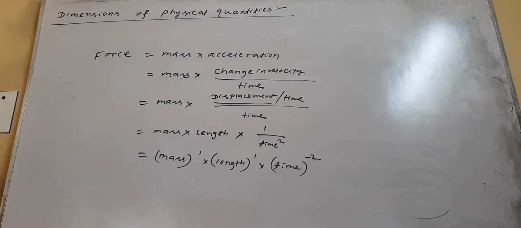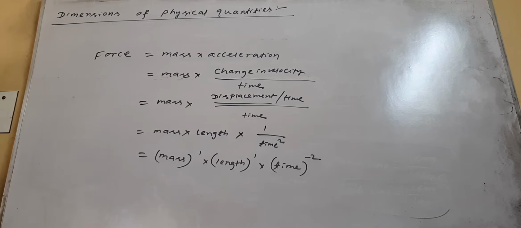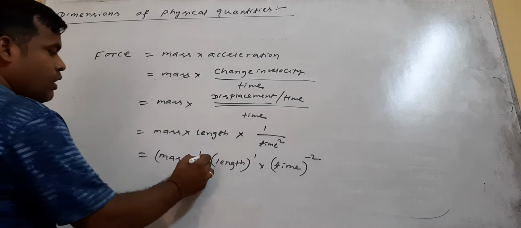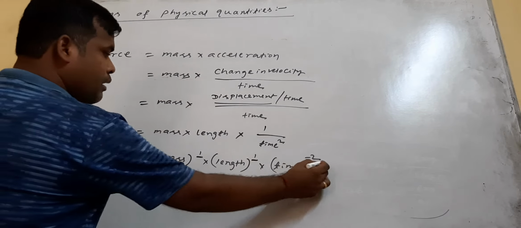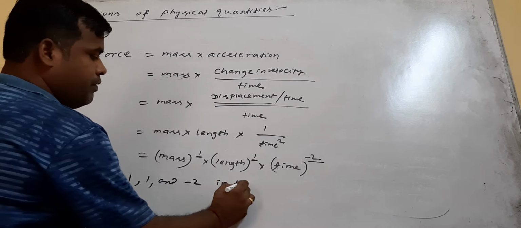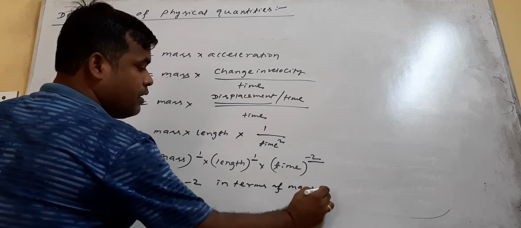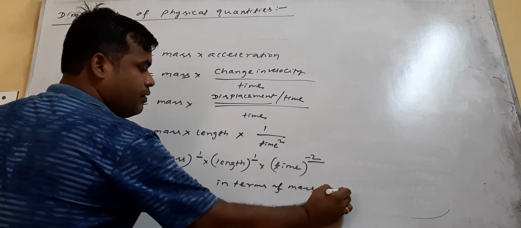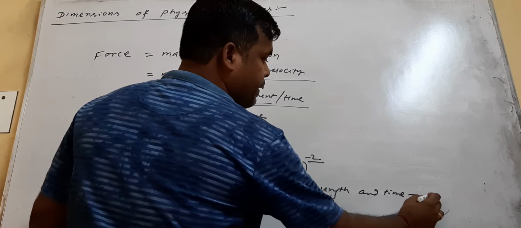The dimensions of force are the powers of the base quantities. So the dimensions are 1, 1 and minus 2 in terms of mass, length and time respectively.